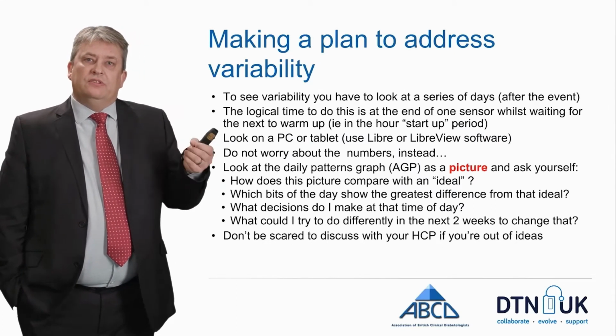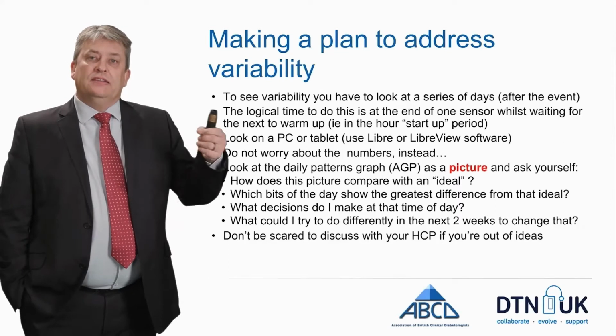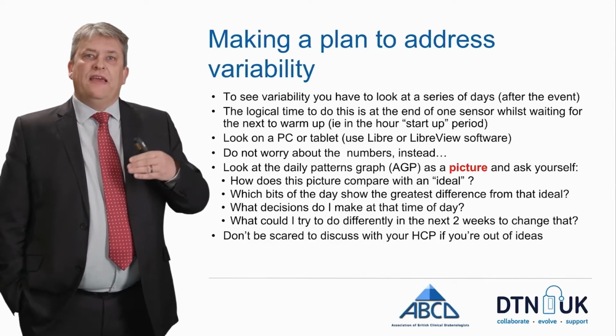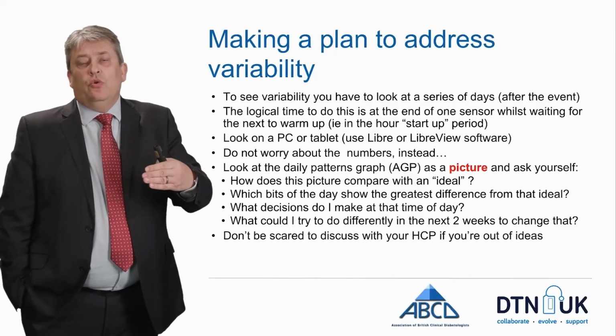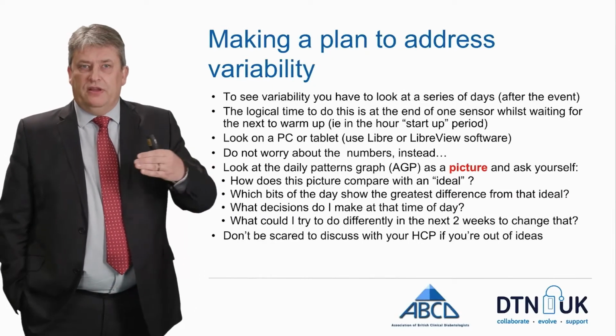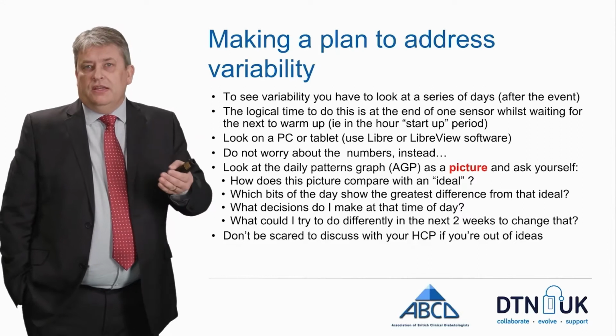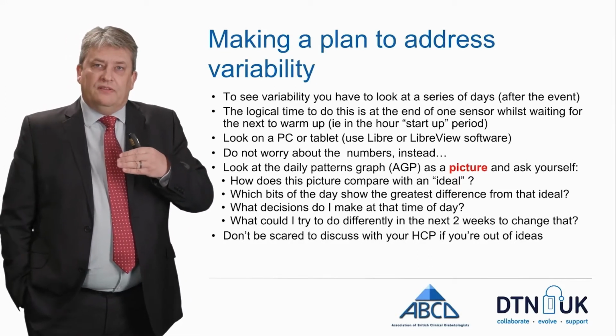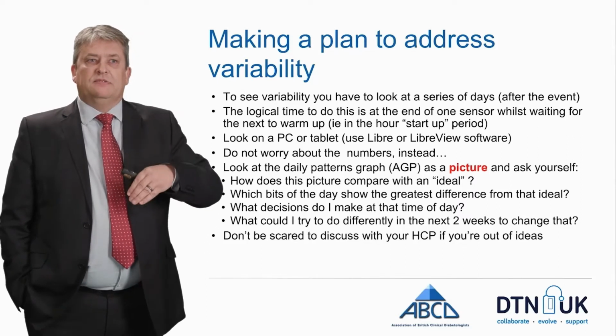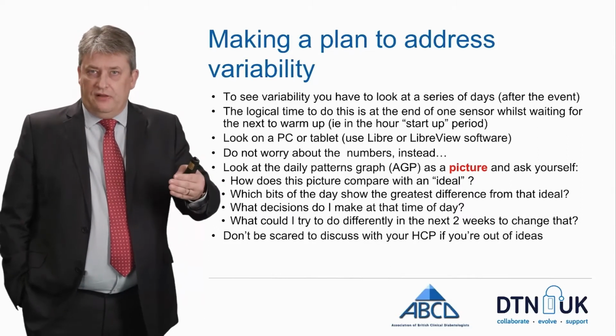Although on an individual day trace, you can see instability, to see variability, you need to be looking at a trace for many days. And we normally would recommend a 2-week period from this perspective. And the easiest way to do that is to use the display that is known as the daily patterns display, or the ambulatory glucose profile.